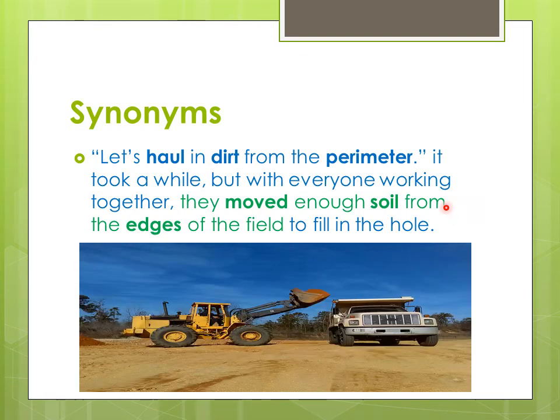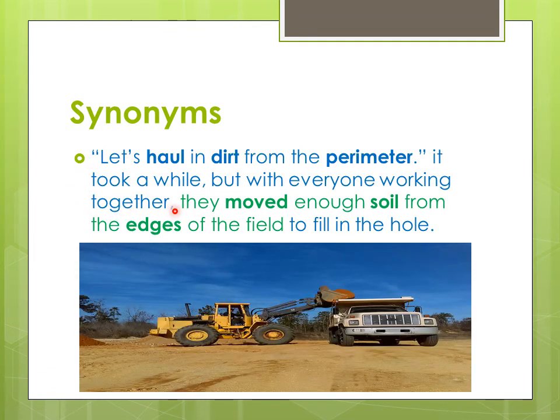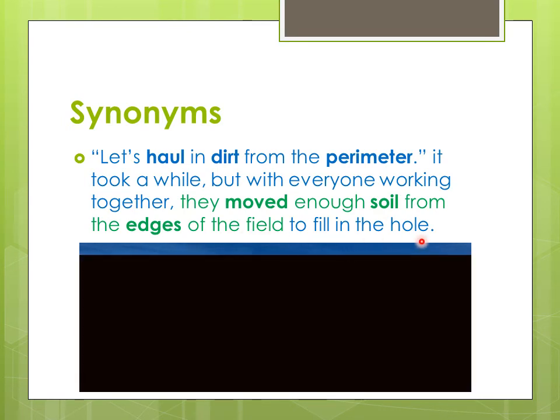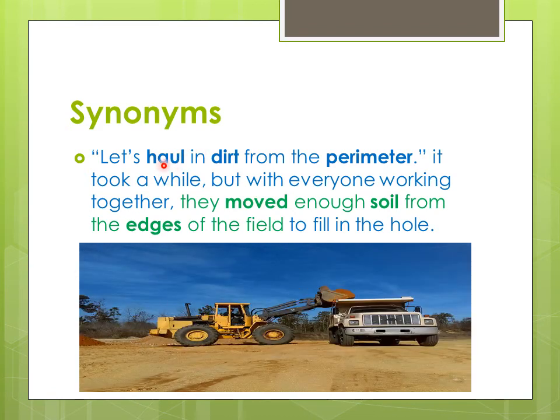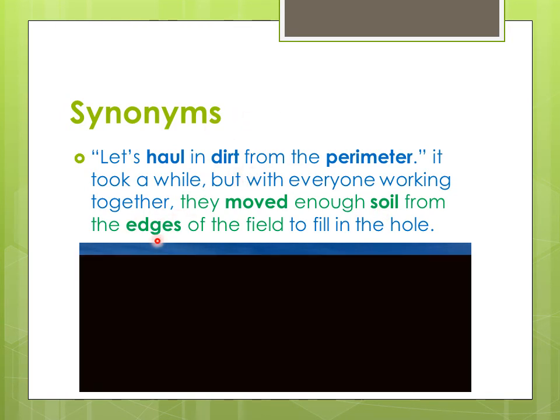So, let's haul in dirt from the perimeter. It took a while, but with everyone working together, again, as if we are saying let's haul in dirt from the perimeter, we said they moved enough soil from the edges of the field to fill in the hole. So moved is a synonym, a word that has the same meaning, of haul, and soil is a synonym of dirt, and finally edges is a synonym of the perimeter.